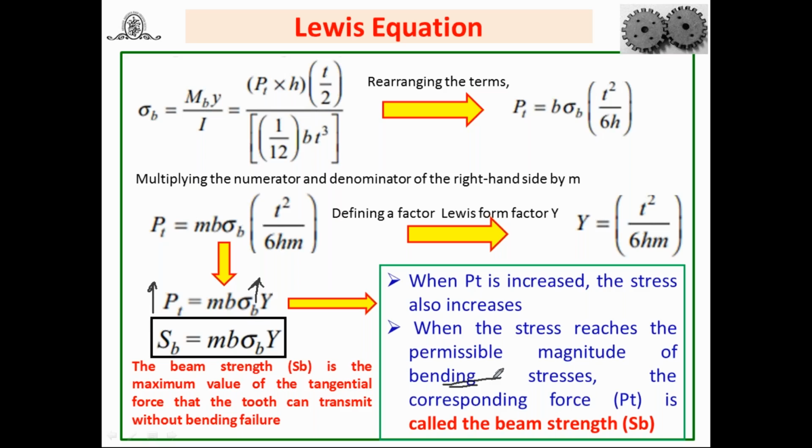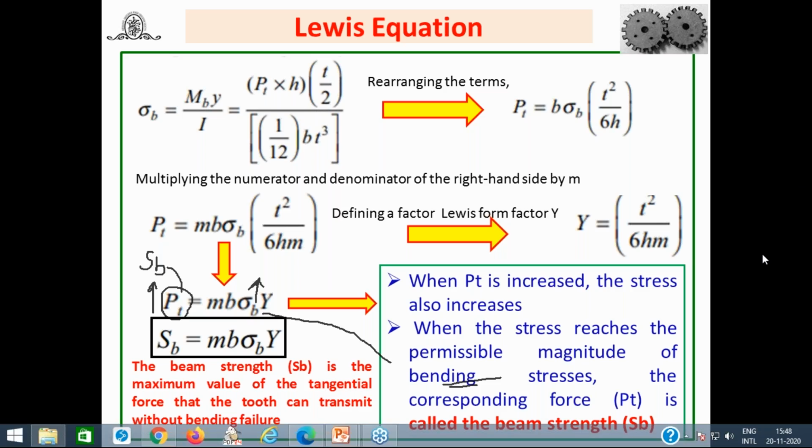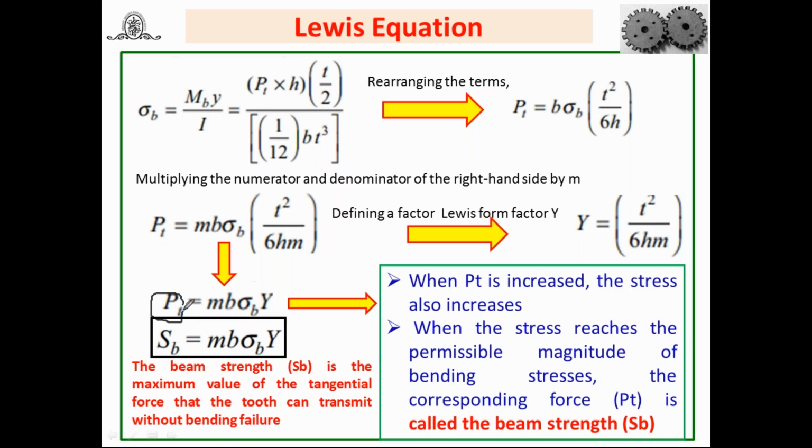Therefore, as we increase PT, sigma B also increases. And when it reaches the permissible magnitude of bending stress, the corresponding PT is known as SB, or beam strength. Therefore, what we have to do? We have to replace this PT by SB. That's why I have replaced PT by SB.